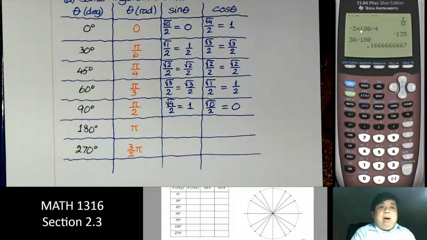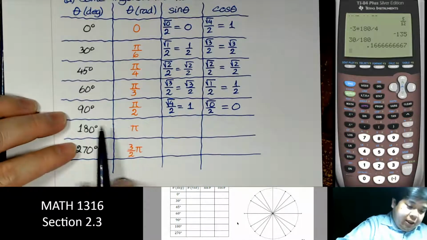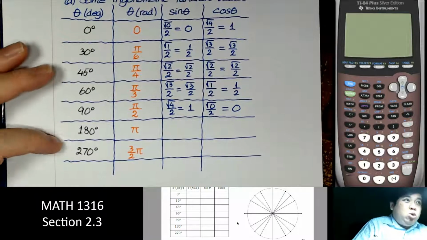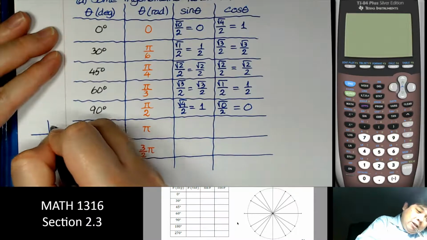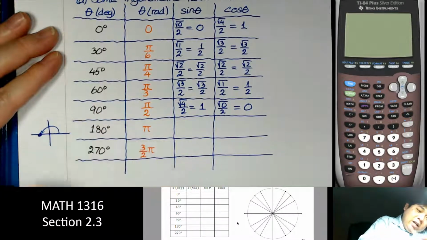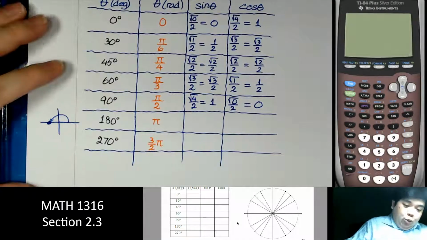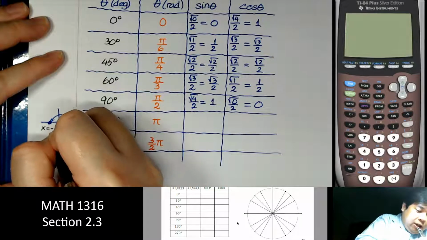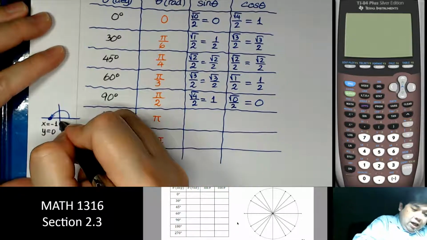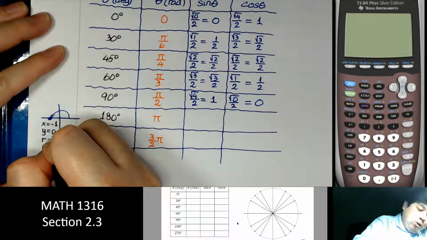Right. How about 180 and 270? Pi. Now, for this one, usually if it is a multiple of 90, we do it differently. 180 degrees is right here. That point, if we choose x to be -1, y is 0 because it is on the x-axis, and r is equal to 1.